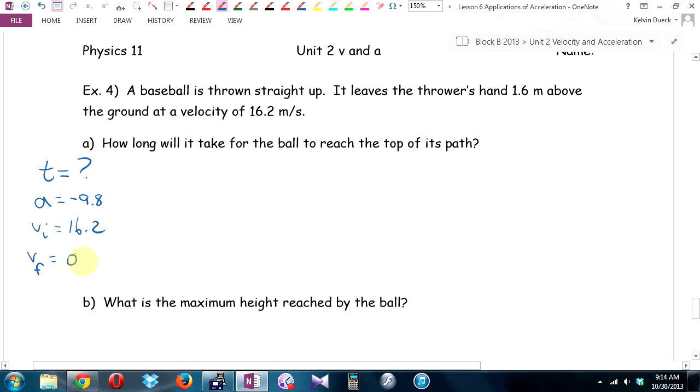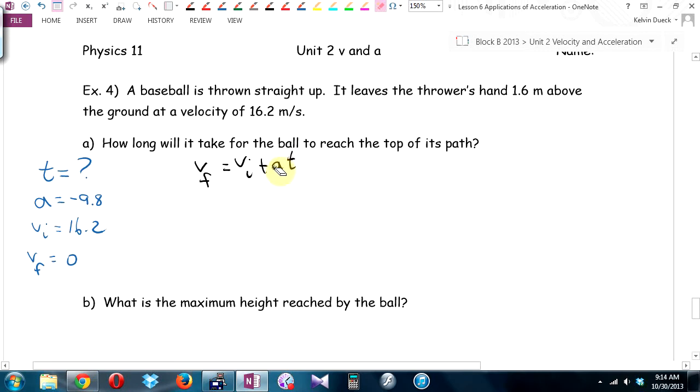Hey, is there an equation that has T, A, VI, and VF in it? Well, I think there is. I think it's this one. Right? I think. Maybe. Noah, how can I get the T by itself?